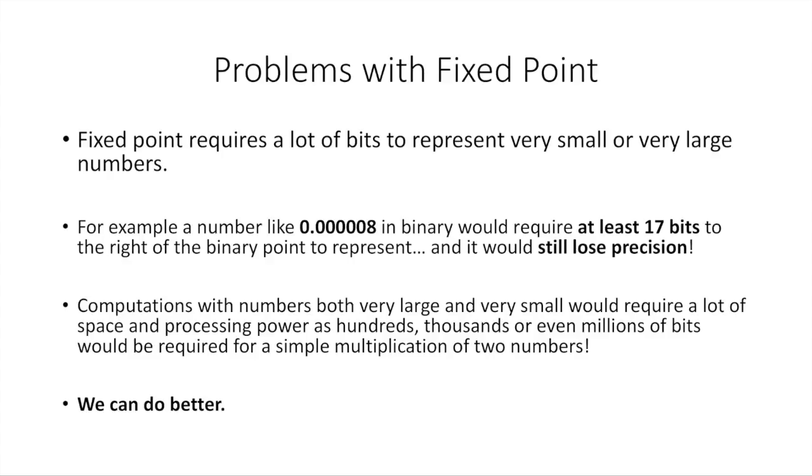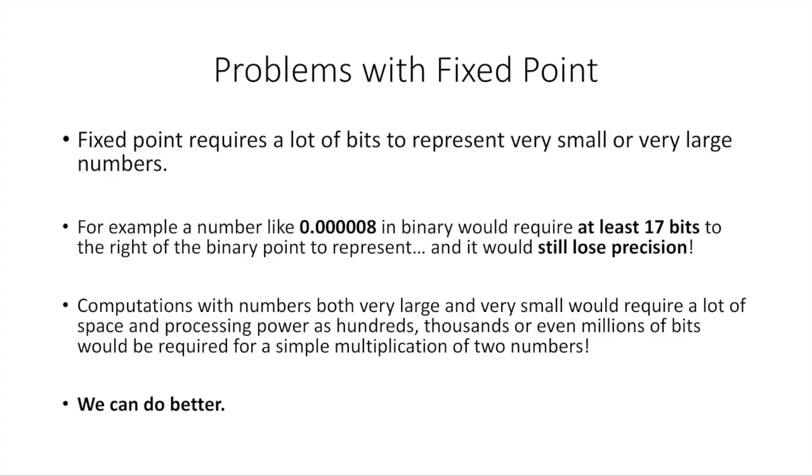So really, to represent that number, you would need a lot more than 17 bits. Computations with numbers written like that would require a lot of space, a lot of memory, maybe even thousands or millions of bits. And trying to do a multiplication or an addition of 2 numbers represented like that would be super slow. It would take a lot of computing power. So we can do better. Maybe we can do a little better.